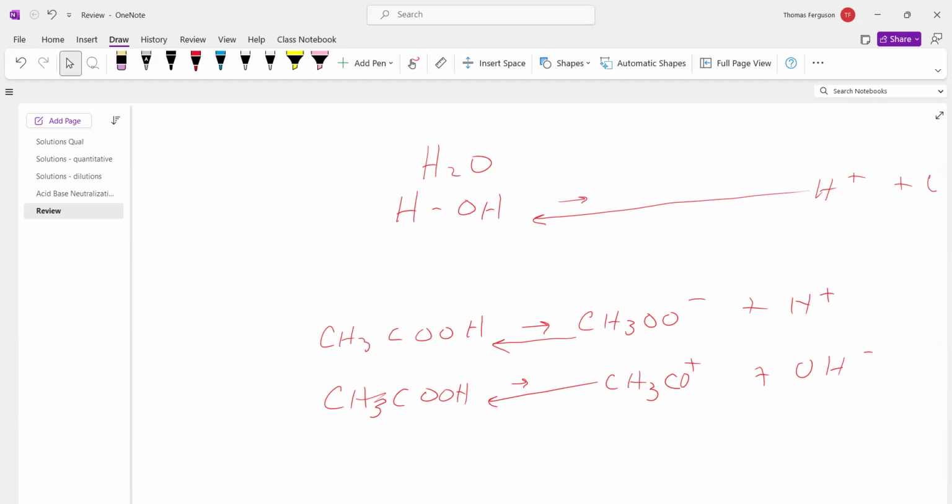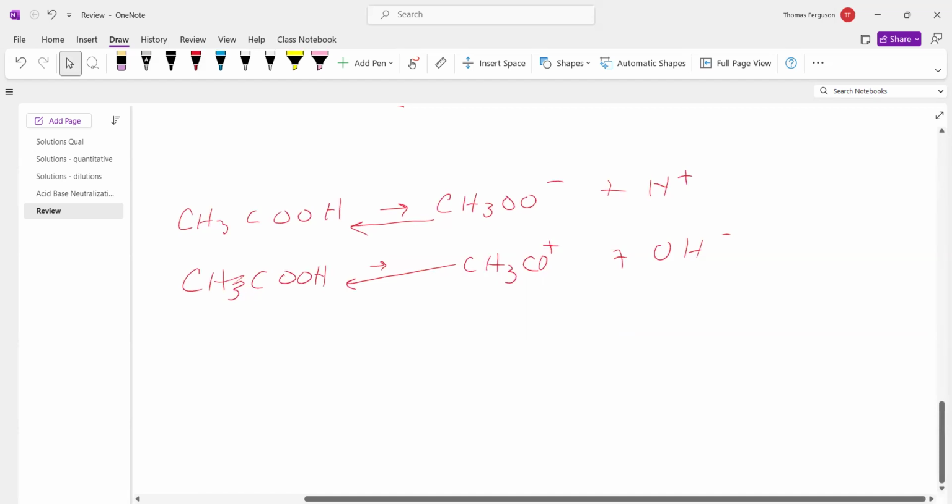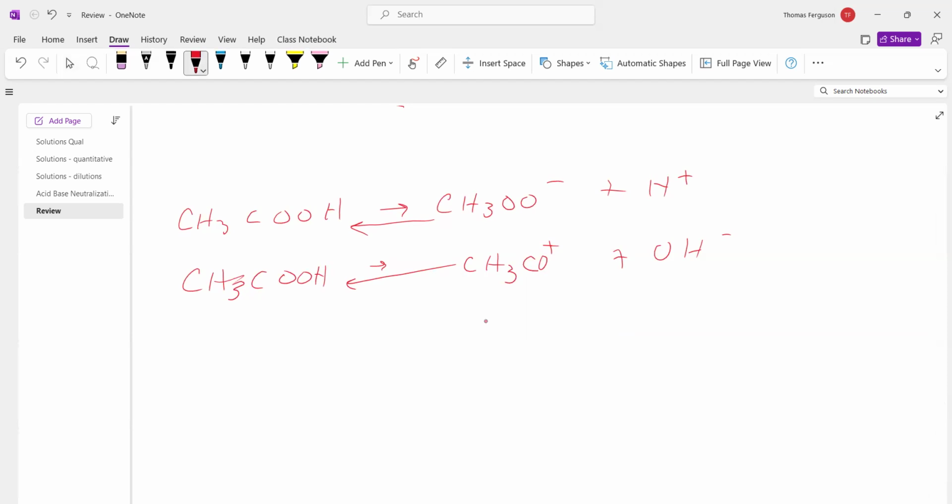Okay. All right, so that's basically it qualitatively. I want to cover one more thing on the qualitative side, which is kind of bordering on the quantitative side. That is when you mix an acid and a base, you end up making water because the H from the acid and the OH from the base form H2O. What's left over is called a salt, which is a cation and an anion.